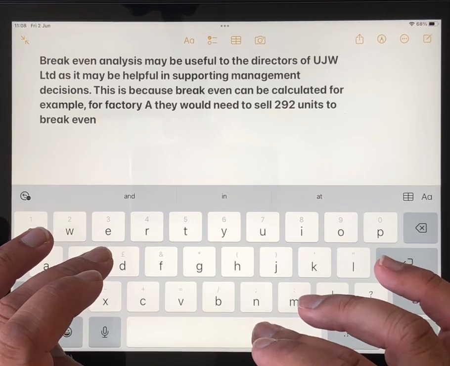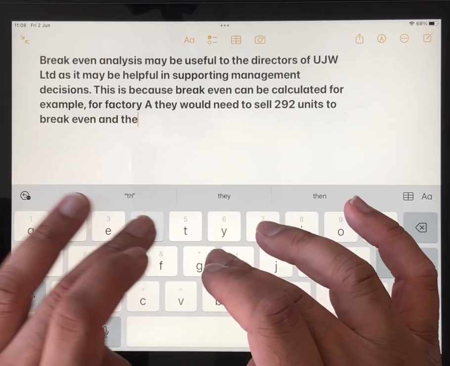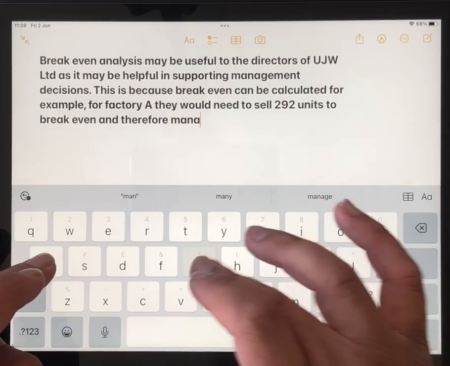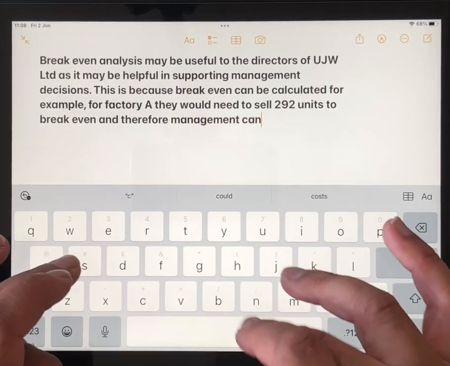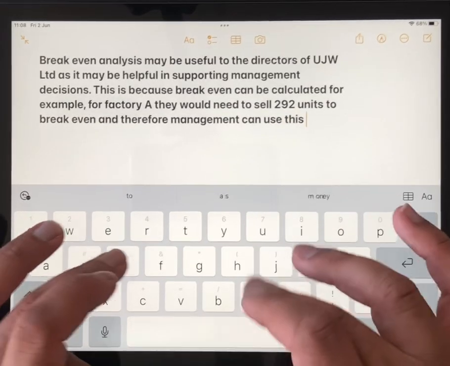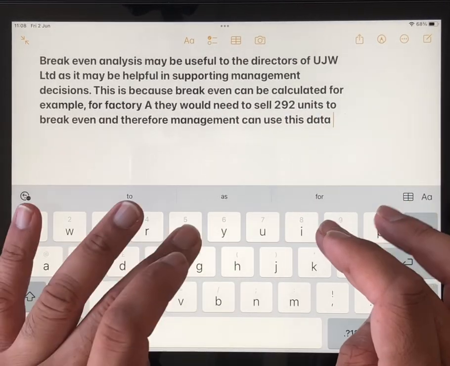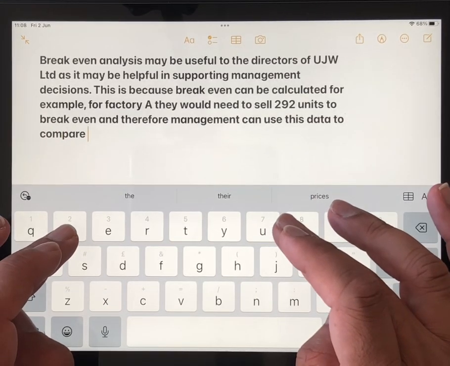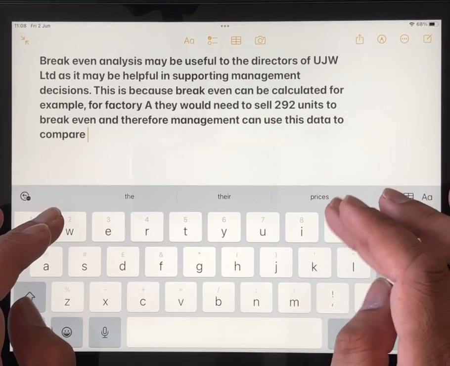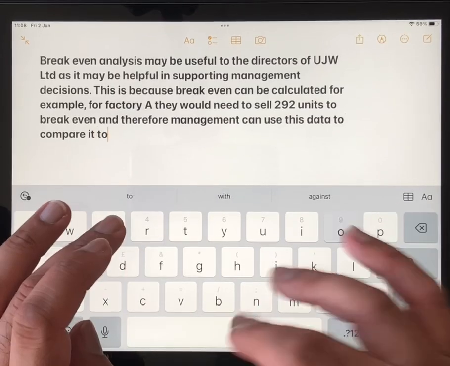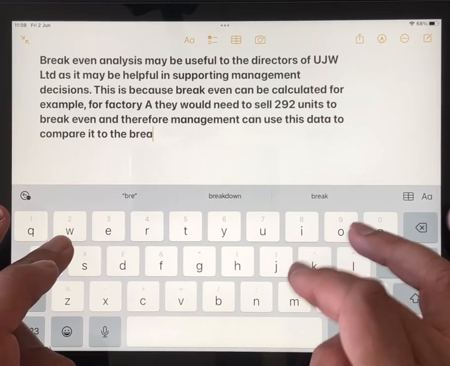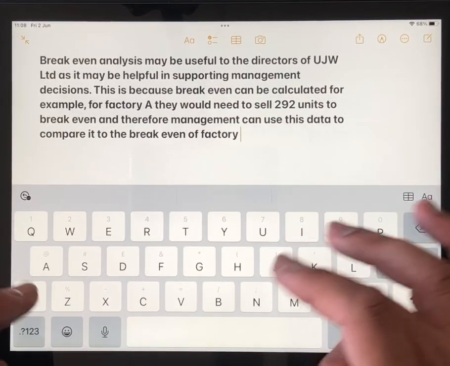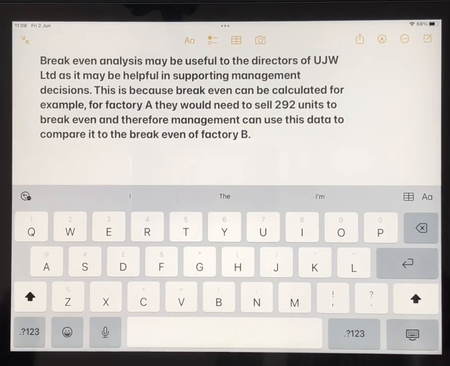Okay, and therefore management can use this data to compare. They can use the data to compare it to the break even of factory A, of factory B. Okay, so they can use it as a comparison.